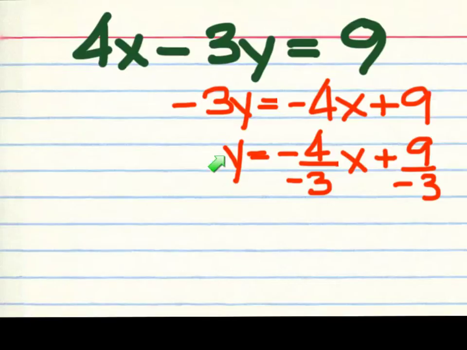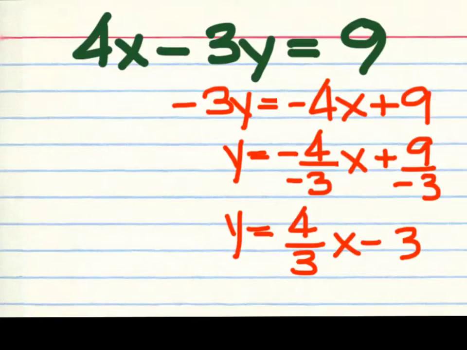The negative 3 over here just canceled out. Now simplify. A negative over a negative, that's a positive. And then 9 over a negative 3 is negative 3, it just becomes minus 3.